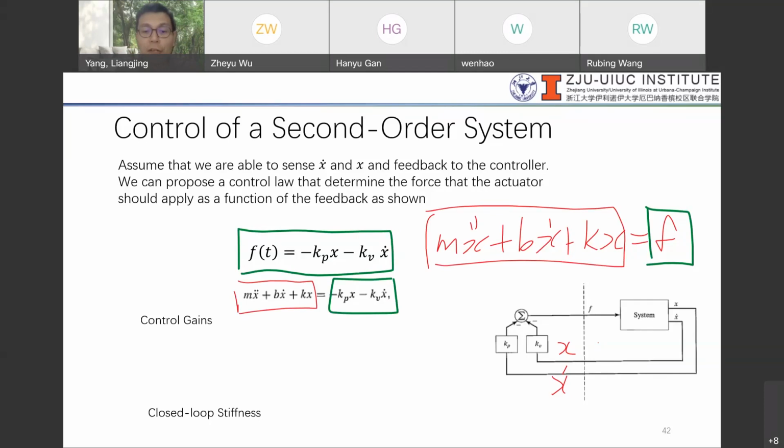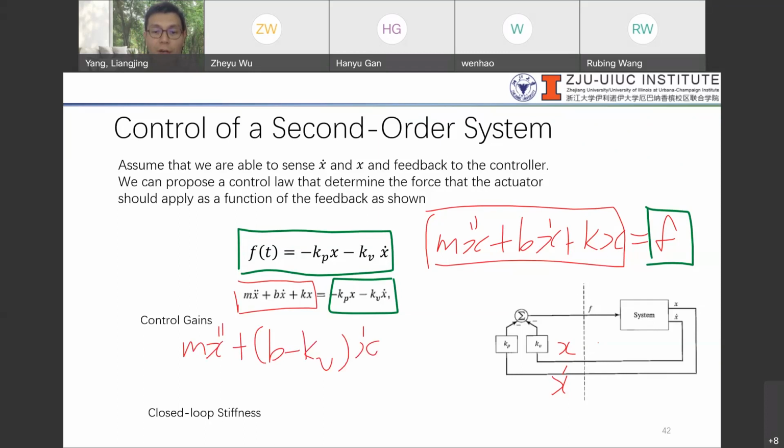And so if we rearrange it such that we look at the homogeneous equation, we get mx double dot plus this is actually b minus Kv, right?